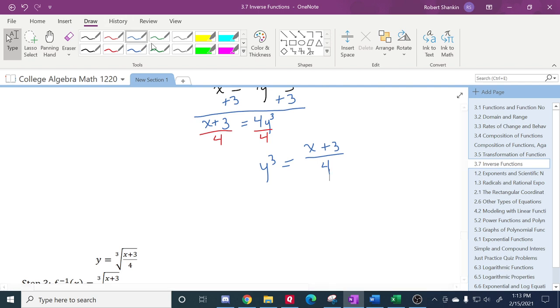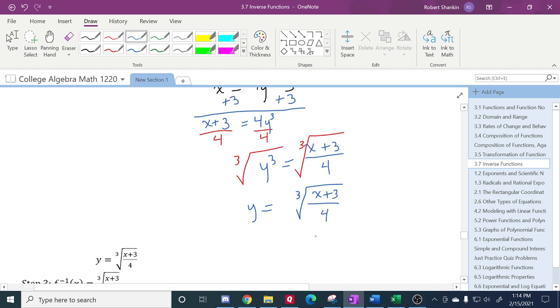So now I'm going to solve for y. I cube root both sides. And then I'm going to get y equals the cube root of x plus 3 over 4.